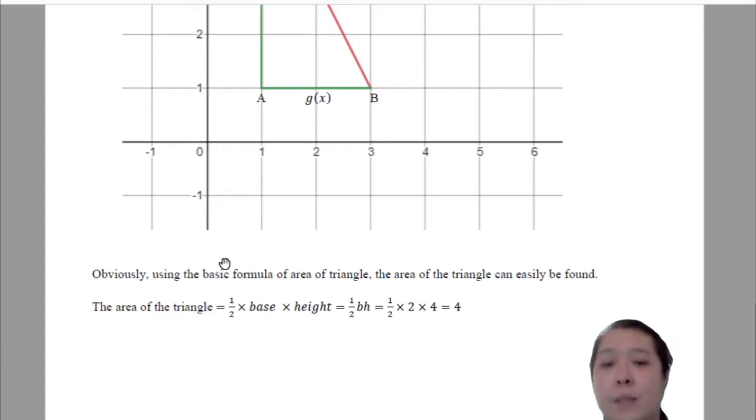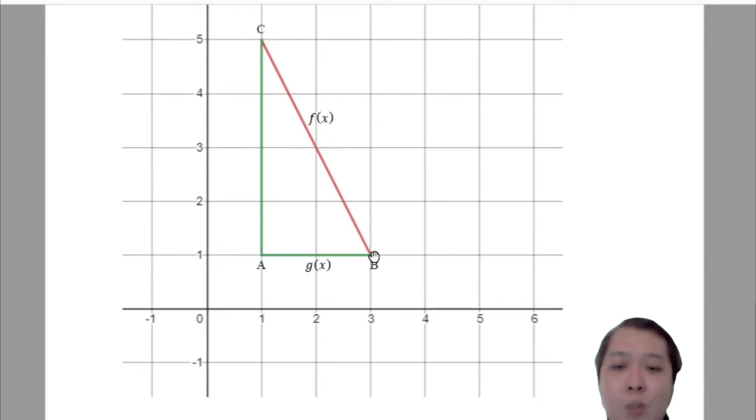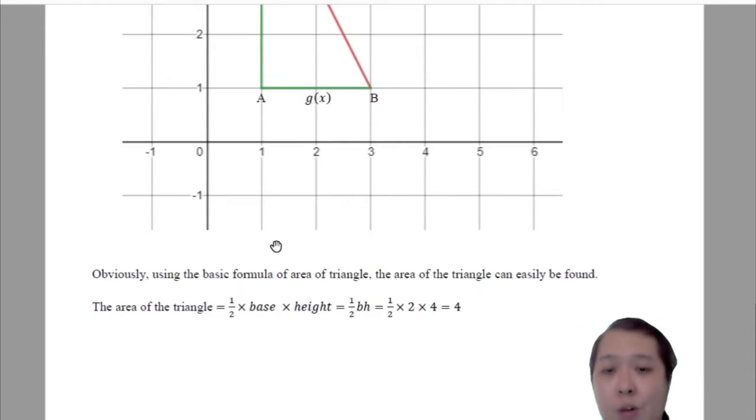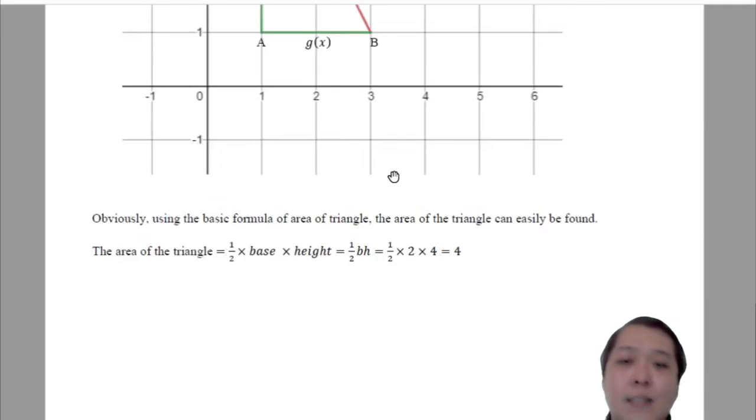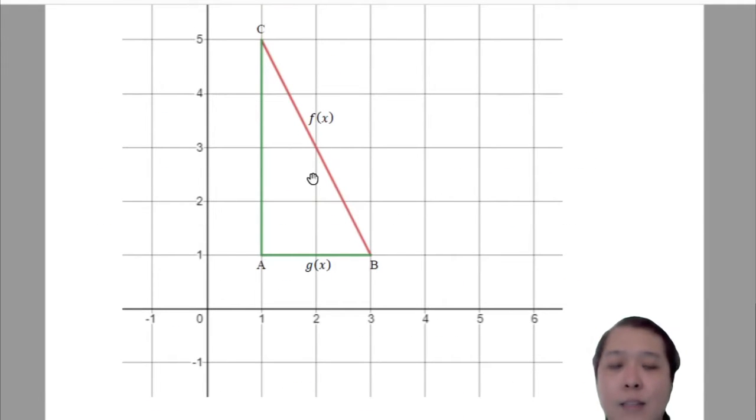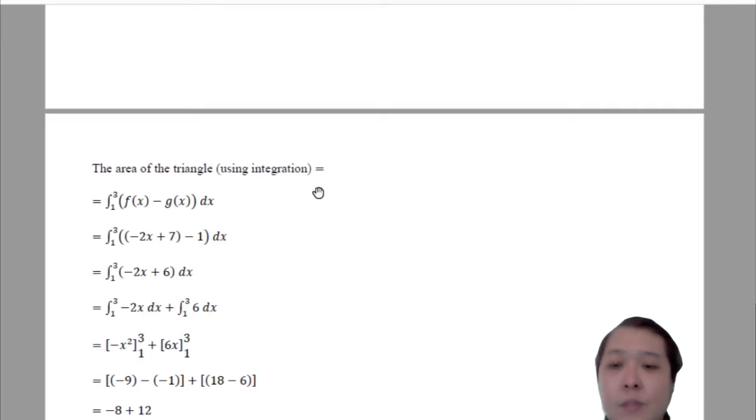If we are using the basic formula of area of triangle, we can easily find that the area is half times base 2 times height 4, which is 4. But here we are trying to have fun with integration to find this triangle's area. We're just having fun with math.